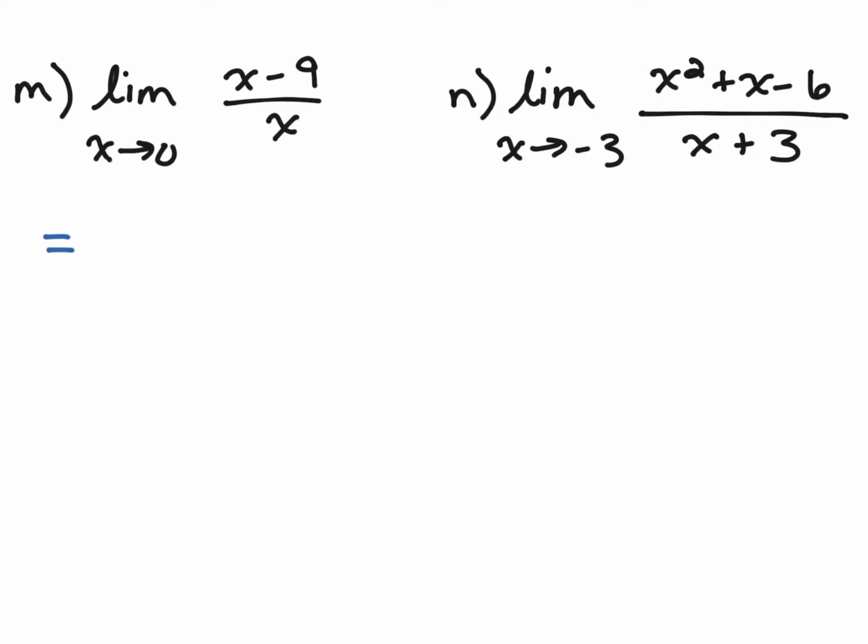Limit as x approaches 0 of x minus 9 over x. So I'm going to get 0 minus 9 over 0, which is -9 over 0. Am I allowed to do that? Now, what would that look like on a graph? Is it a vertical line? It's an asymptote, a vertical asymptote.